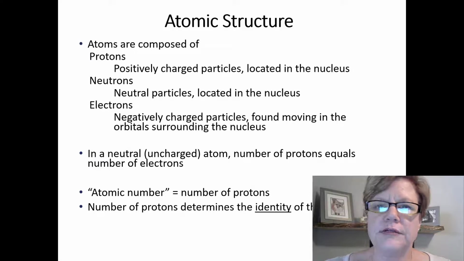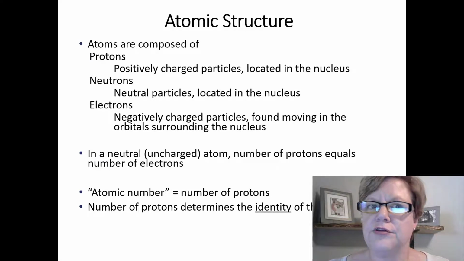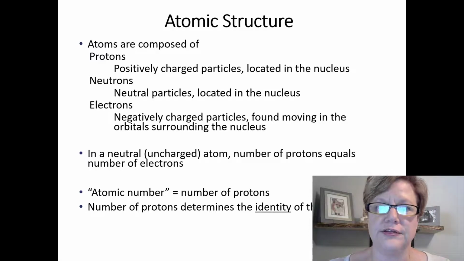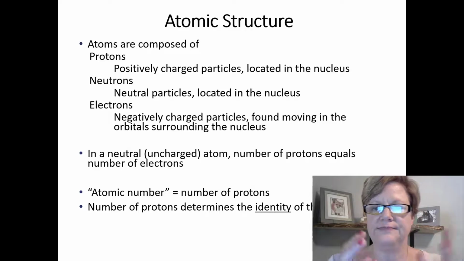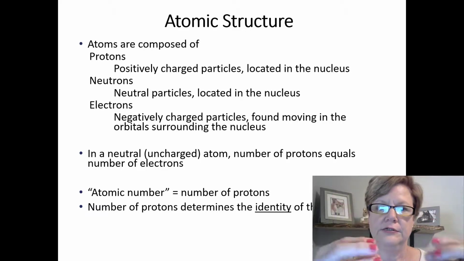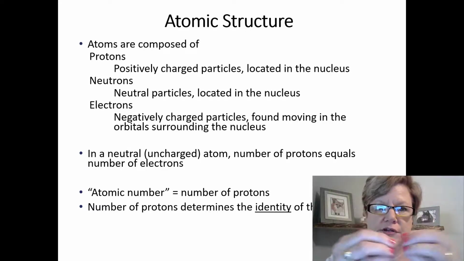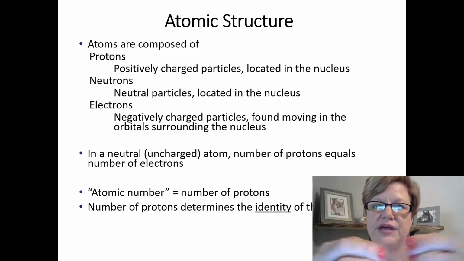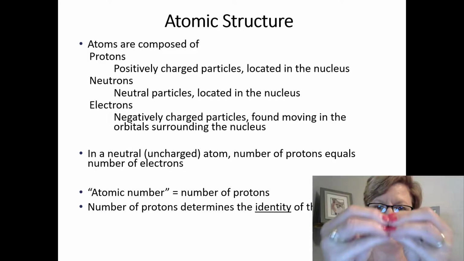The protons are located in what we call the nucleus of the atom. And that's different than the nucleus of a cell. Atoms are very small and they have a center portion, which we call the nucleus. So the protons are found in the nucleus, and the neutrons are found in the nucleus. For our purposes, you can think of the protons and the neutrons just kind of mashed together in the middle.